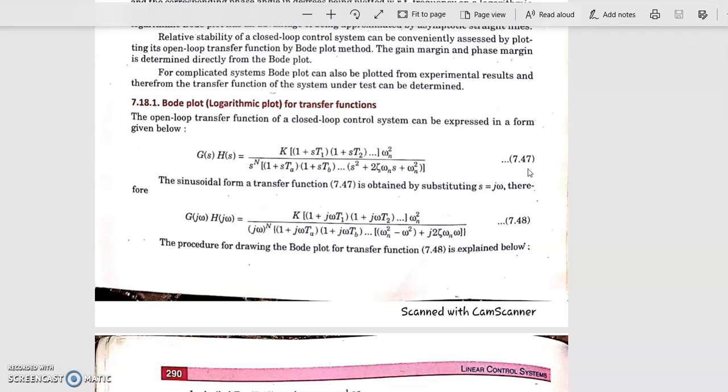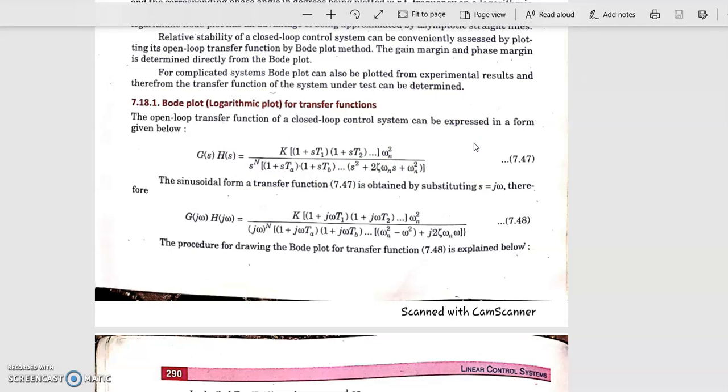It's a generalized equation for the open loop transfer function, and it can be expressed by K into (1 plus sT1) into (1 plus sT2) and so on, up to omega n square, divided by s raised to power N into (1 plus sTa) into (1 plus sTb) and so on, into (s square plus 2 zeta omega n s plus omega n square). Here K is the gain, and T1, T2 and so on are considered as zeros, and in the bottom one, that is in the denominator portion, Ta, Tb and so on are the poles.